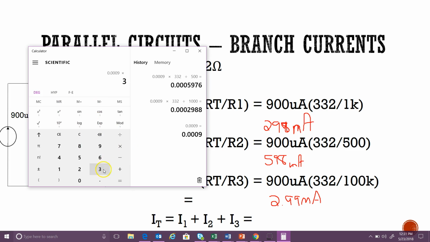And again, 900 micro times 332 divided by 100K gives 2.99 milliamps. So then I add all those together.